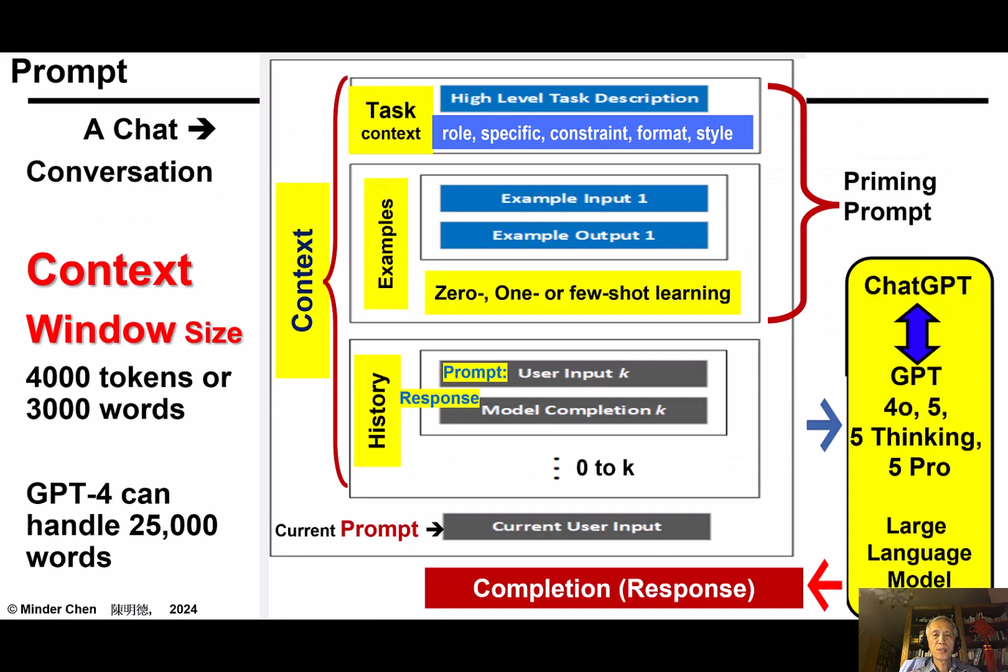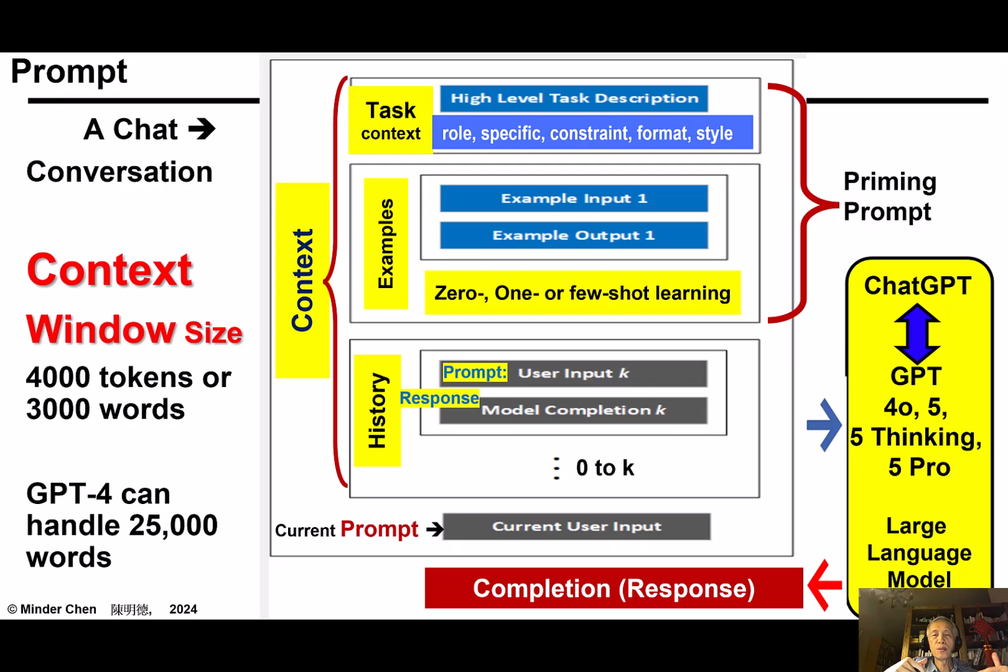I'd like to use this diagram to review what we have covered. First of all, we need to understand the term called context. Broadly speaking, when you interact with a large language model, you do need to describe the context of your conversation, of your chat.